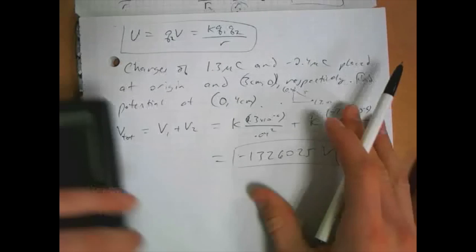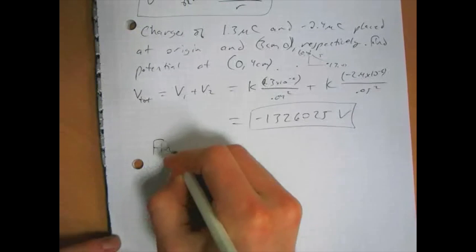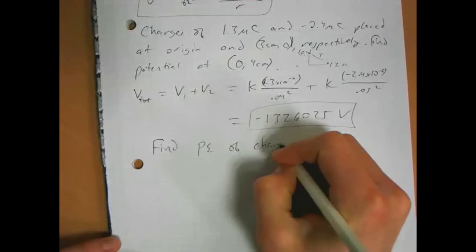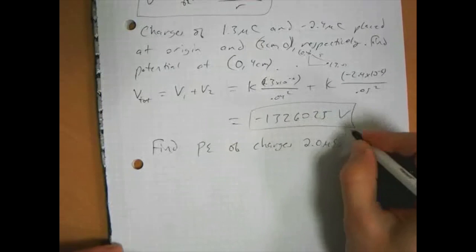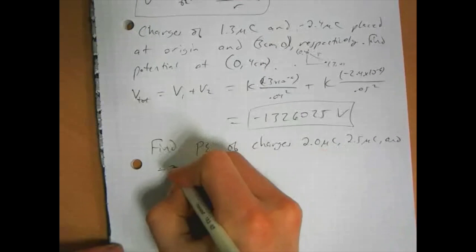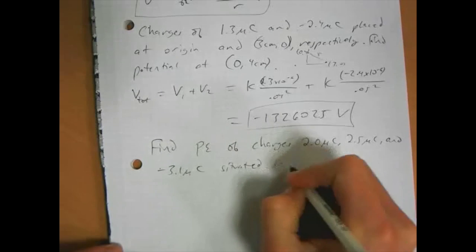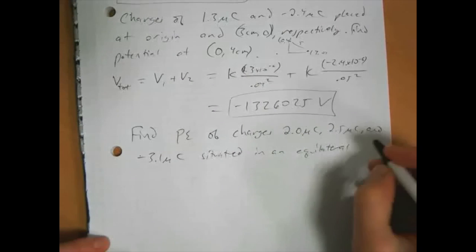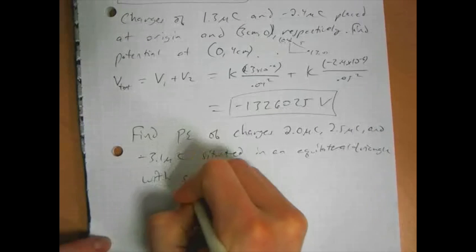Likewise, potential energies add up. Say we want to find the potential energy of charges 2.0 microcoulombs, 2.5 microcoulombs, and minus 3.1 microcoulombs, situated in an equilateral triangle with side 5 centimeters.